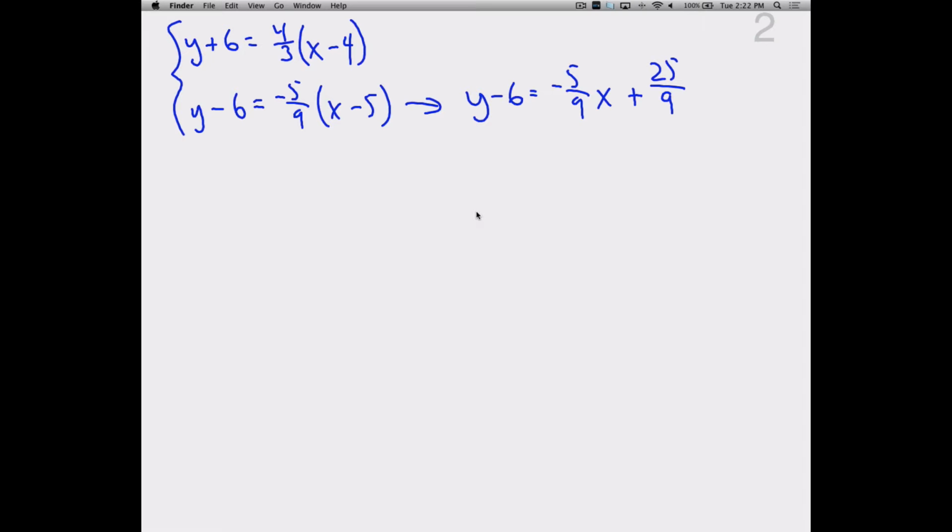Now add 6 to both sides. y equals negative 5/9 x plus something. If you're a little shaky on fractions, then use your calculator. You would do 25 divided by 9, enter, plus 6, math, enter, enter. When you do that, it turns out that you get 79 over 9.